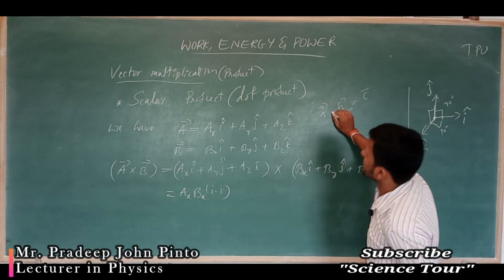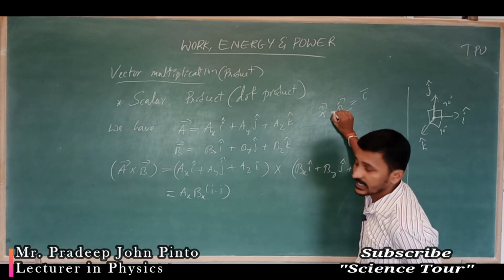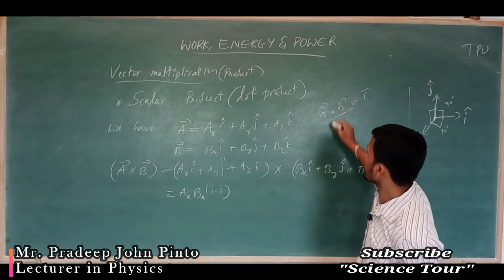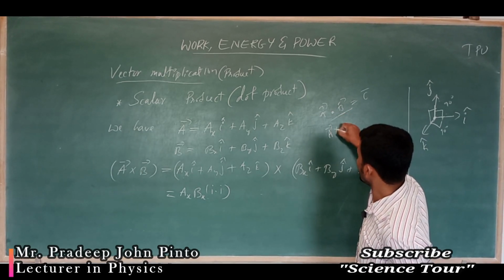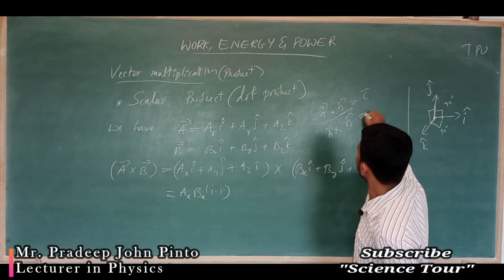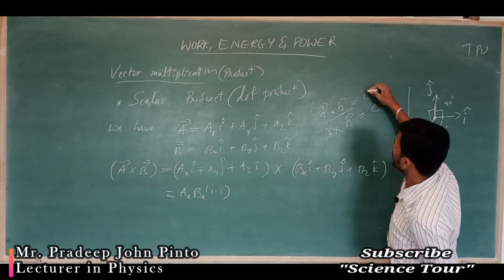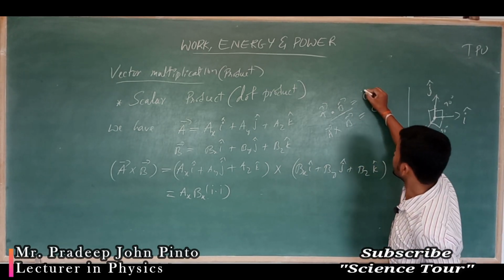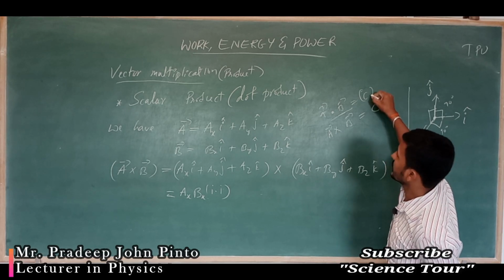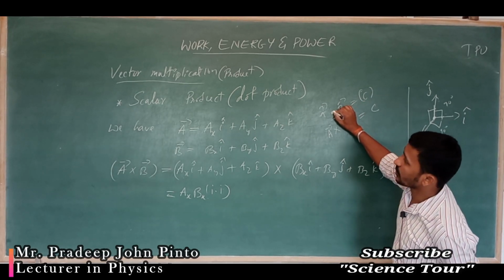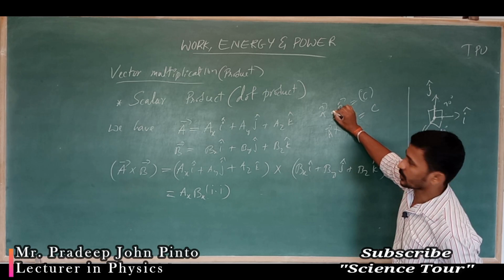Now, when you say it is the dot product, because the scalar product we are going to call the dot product, if you multiply A and B we don't know what quantity we are going to get. If it is not a vector but a scalar, then we are going to call it the scalar product or dot product.